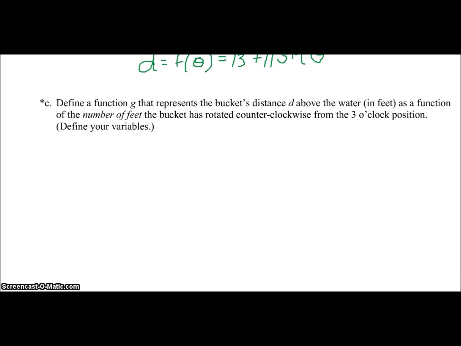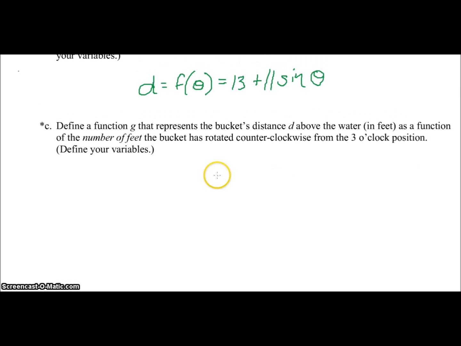Define a function g that represents the bucket's distance d above the water in feet as a function of the number of feet the bucket has rotated counterclockwise. So notice that our angle theta, we can write that in terms of the number of feet, because we know that theta equals the arc length divided by the radius, which is the number of feet rotated counterclockwise divided by our radius, which is 11.